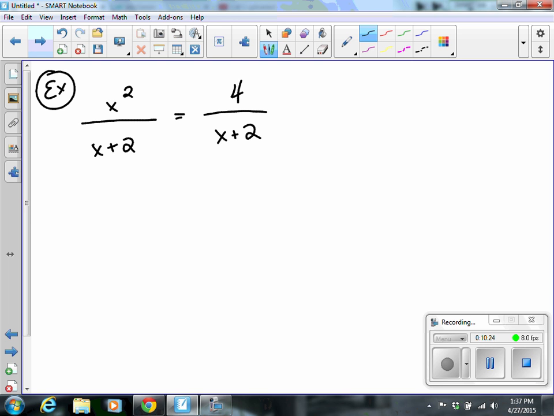For this problem, I gave you a little bit of an easier one, as you're multiplying both sides by x plus 2, and it happens to cancel. So x plus 2 cancels out on both sides. I'm left with x squared equals 4. I could solve this algebraically right here. And x could equal plus or minus 2.